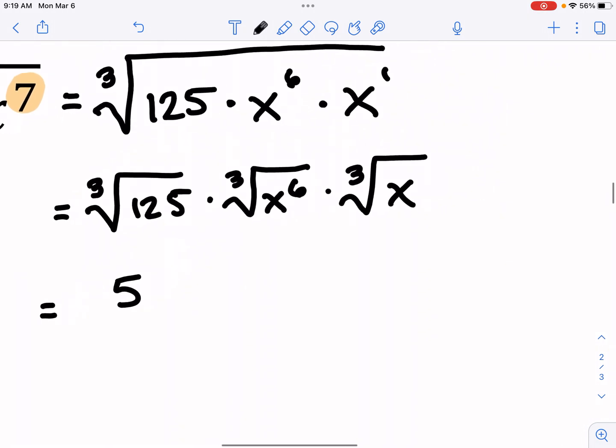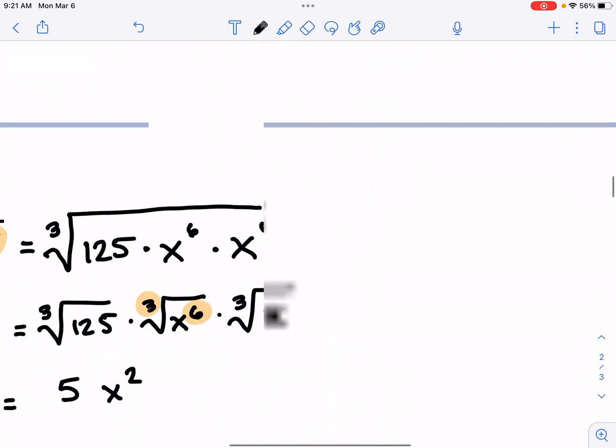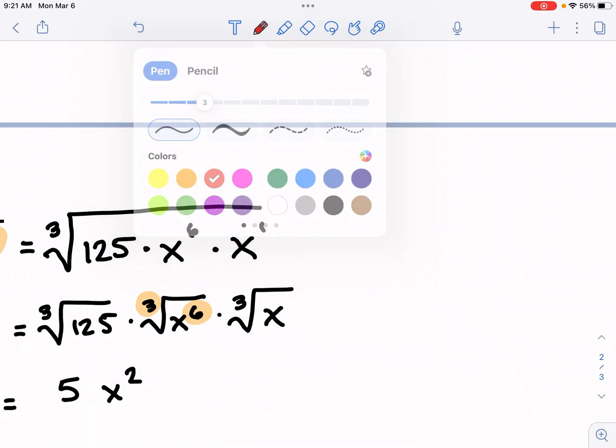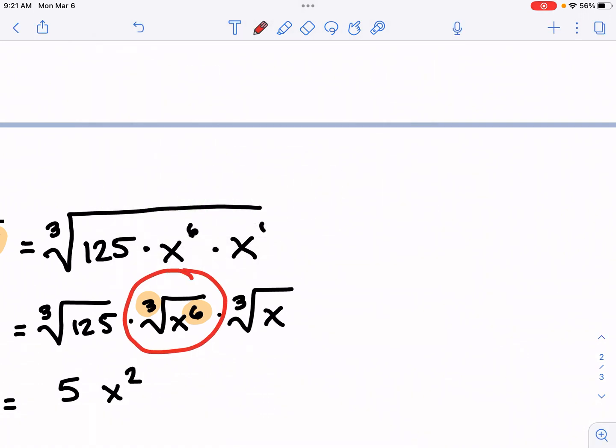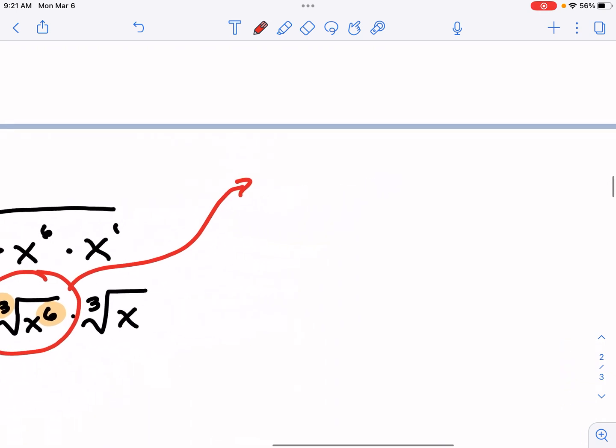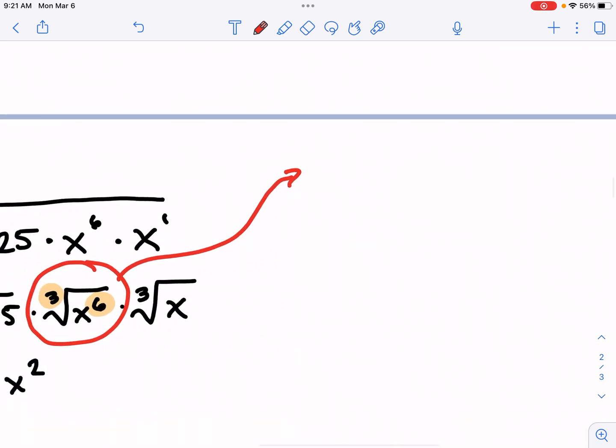Next part. Again, what you're doing here is you're just dividing. So this will be x to the 2nd power. But you know what? I do want to show a little bit more of an explanation on this one. Let's put this over here. I'm just going to show some more work. So why is this x to the 6th power? Because when you write this as a rational exponent, we talked about how this is x to the 6, and our index of 3 is actually a fraction, 1/3.